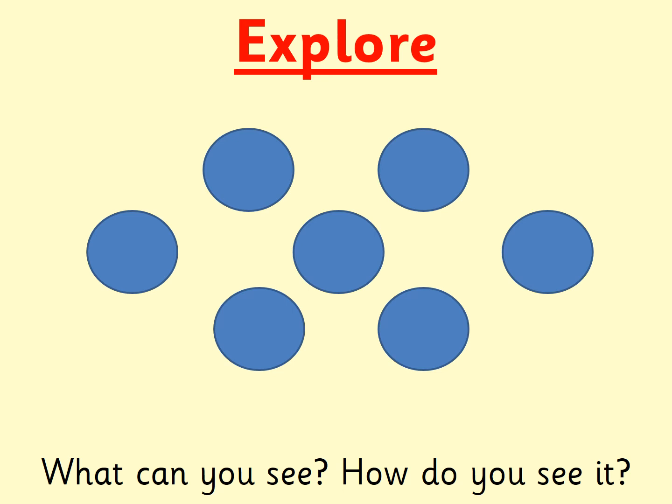I can see 7 counters all together. That shows me that 2 add 3 add 2 equals 7. It also shows me that 5 add 2 is 7. And 3 add 3 add 1 is 7. What else can you see, boys and girls?